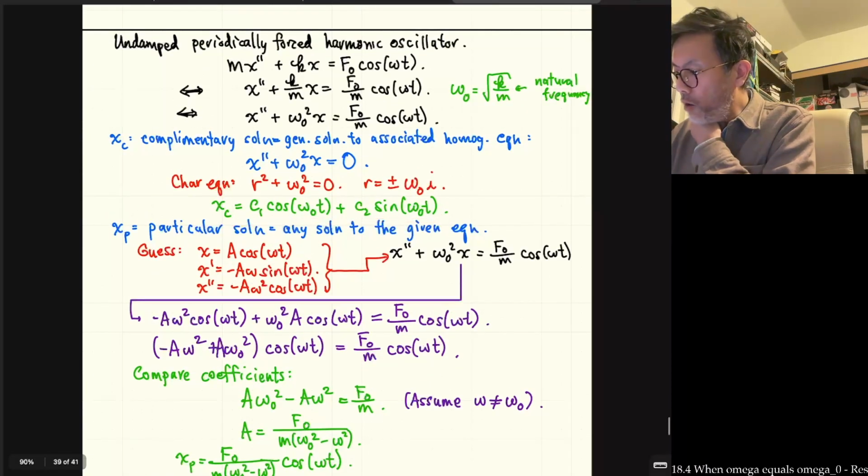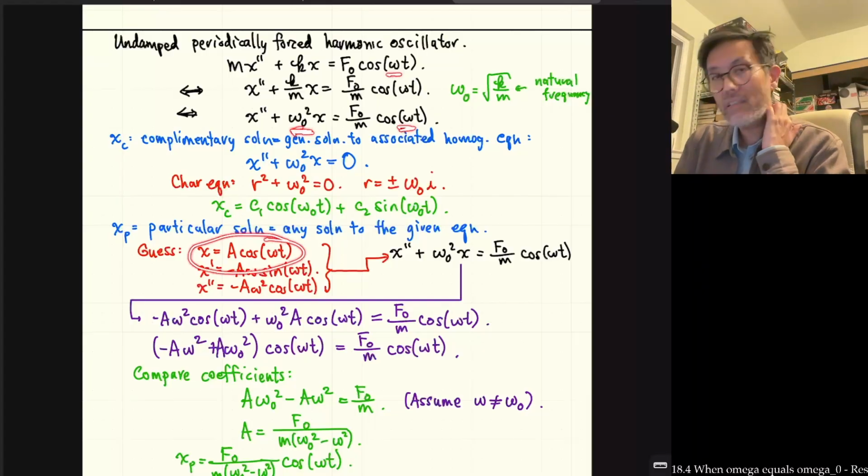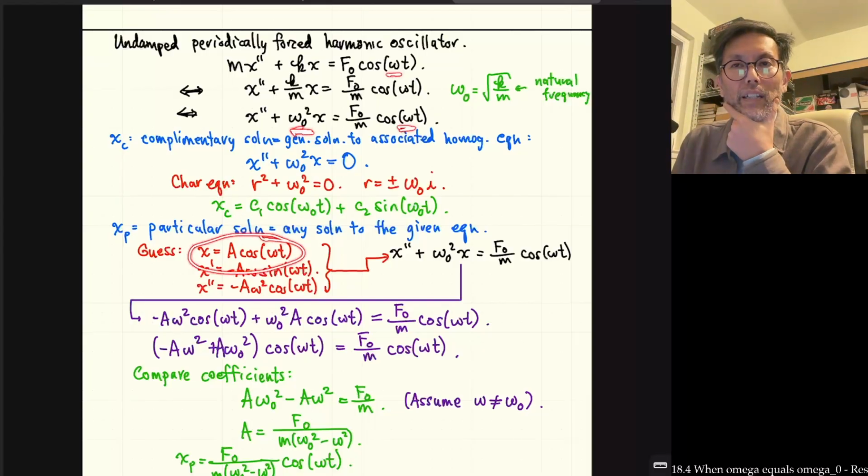But if the omega that we have here is the same as the omega naught that we have there, then if we make this guess of A cosine omega t, that's going to be an issue.